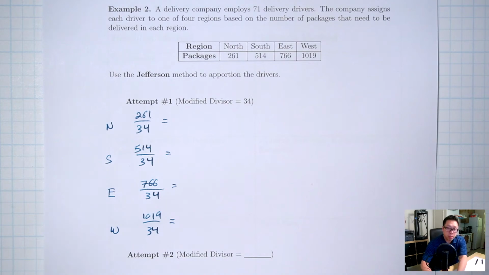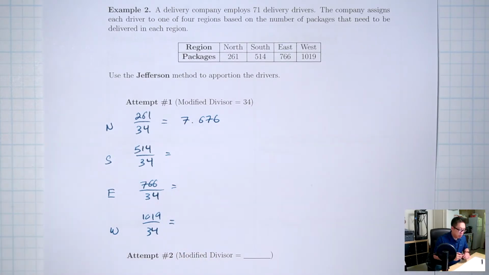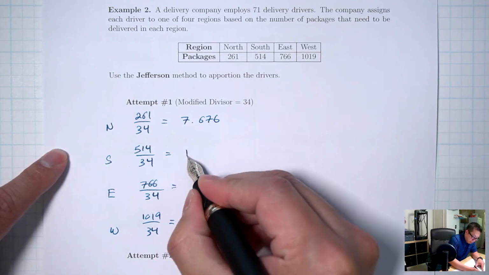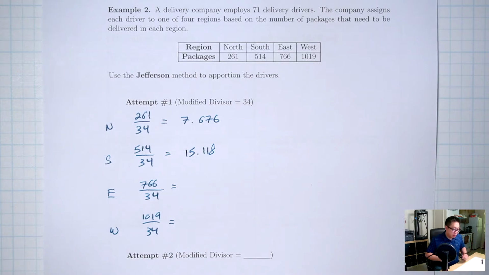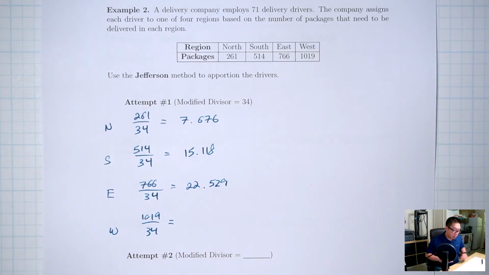So 261 divided by 34, rounded to 3 decimal places, is 7.676. 514 divided by 34 is 15.118. 766 divided by 34 is 22.529. 1019 divided by 34 is 29.971.